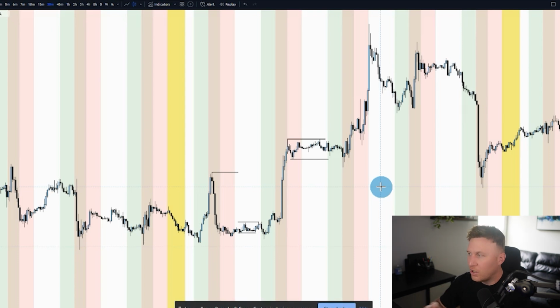And almost all of Asian will be consolidation, and almost every run before it happens, there was some type of spike above or below a range or old highs, equal lows before the big move happened in New York London overlap. So this is something that really changed the game for me as a trader.